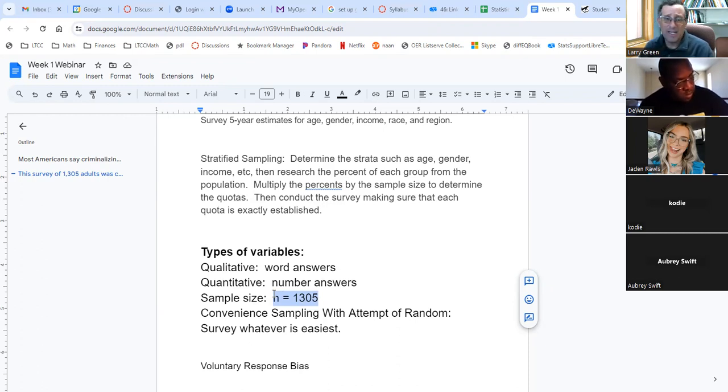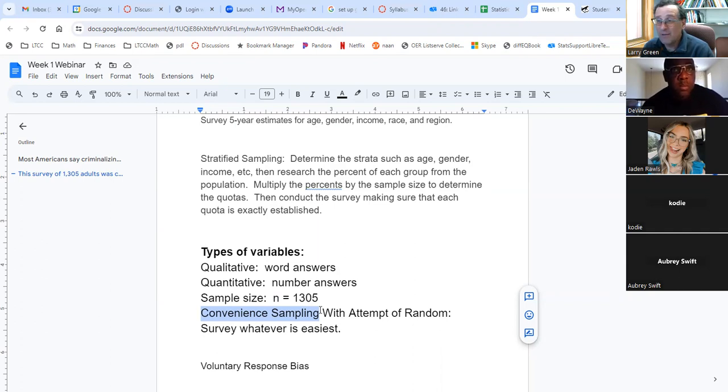There are a lot of different types of surveying. One is called convenience sampling, and that is exactly what it sounds like. It's unreliable.